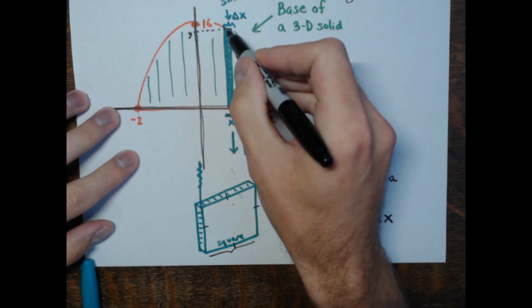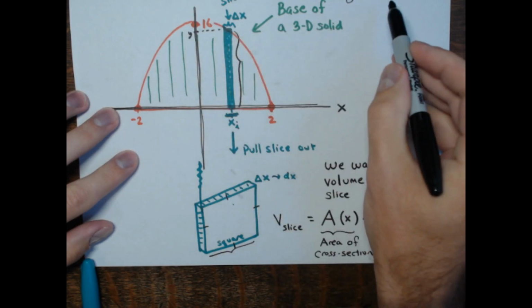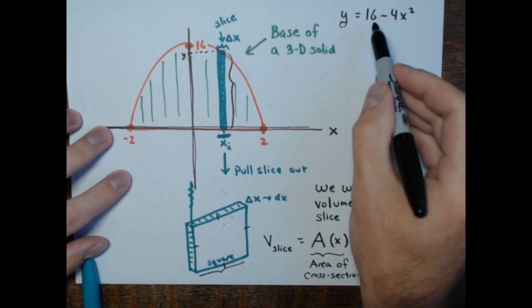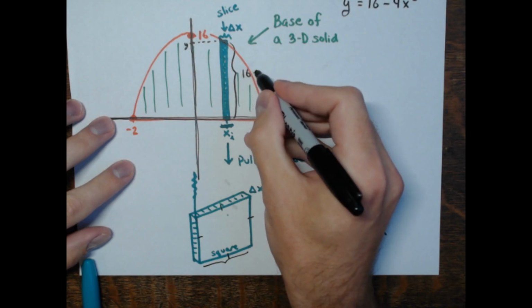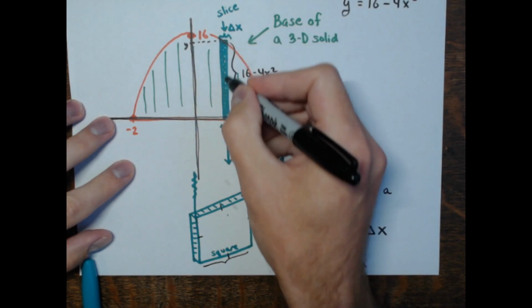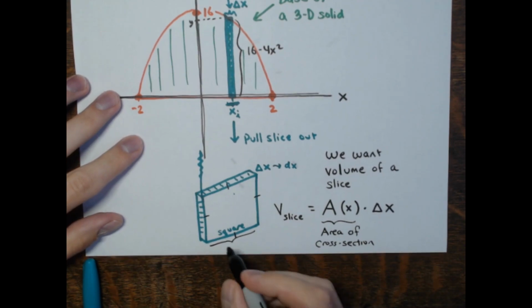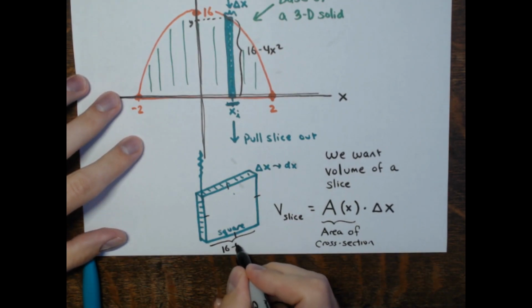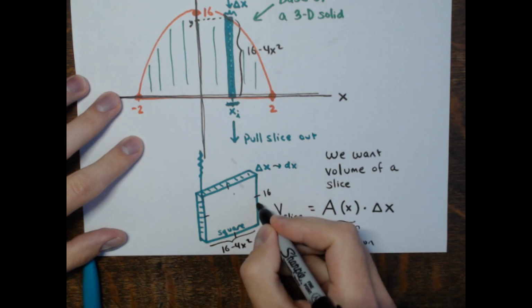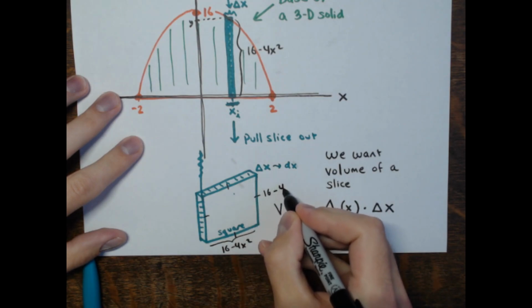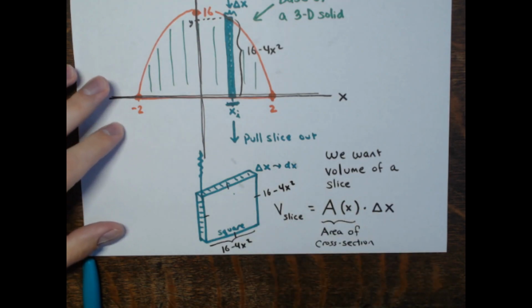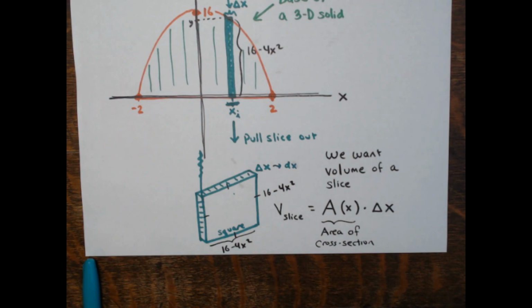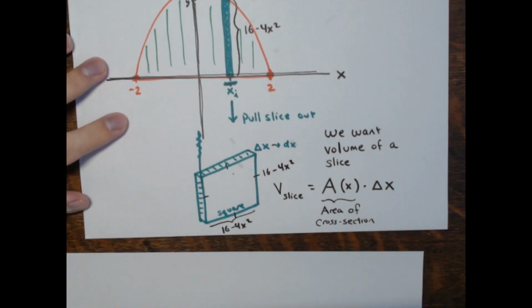But what is the y coordinate in terms of x? Well, I'm on this curve. The y coordinate in terms of x is 16 minus 4x squared. All right, so this is 16 minus 4x squared for the length of this rectangle. So that's the length of one side of the square in my picture of the slice. And so it would also be the height of it, right? It's a square. Same thing all around.